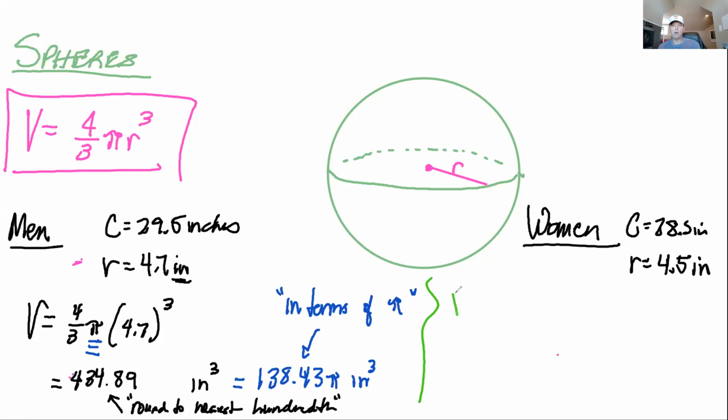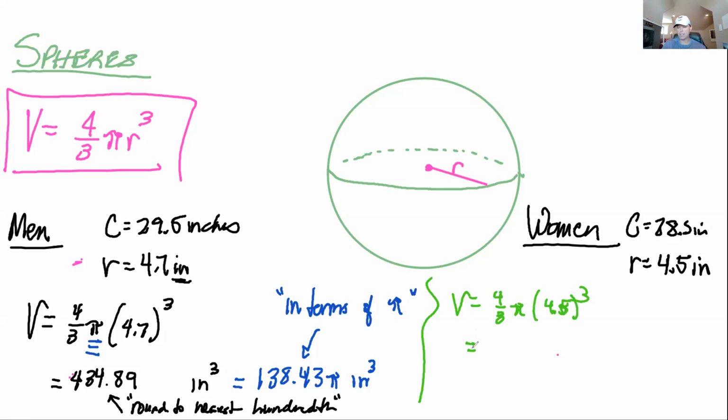So here, volume equals 4/3 pi times 4.5 cubed. So here we go again. I go 4 divided by 3 equals still 1.3333 times pi, still 4.1888.